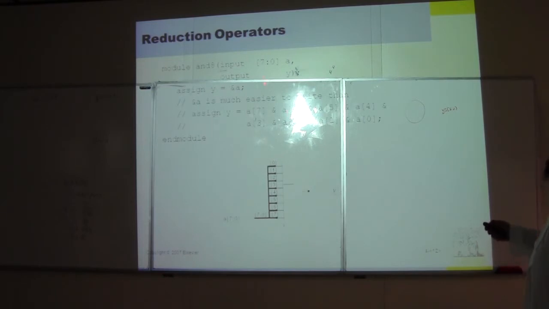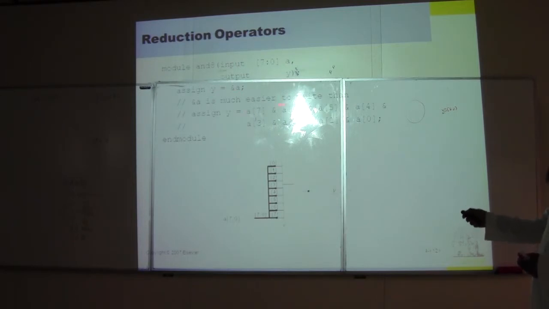And if you want to AND all of them, then you should write a line like this, right? Assign Y equal to A7 and A6 and A5 and A4 and A3 and A2. Big line.